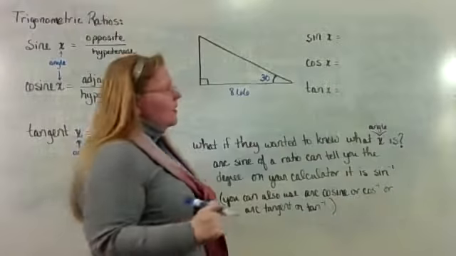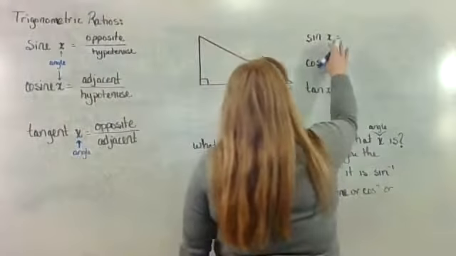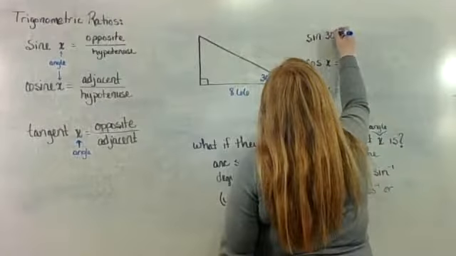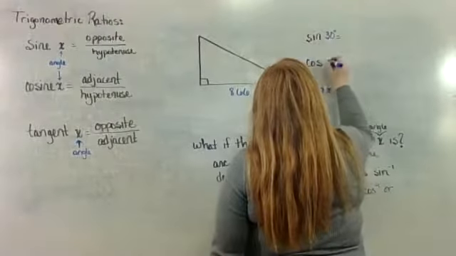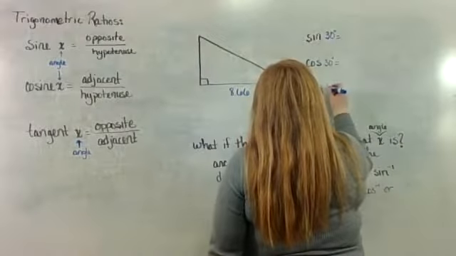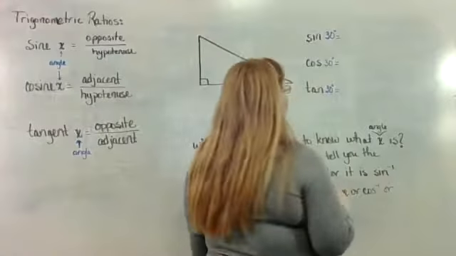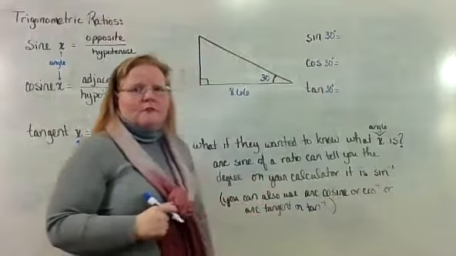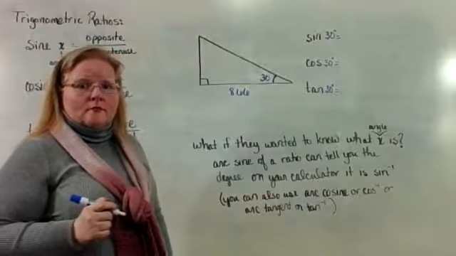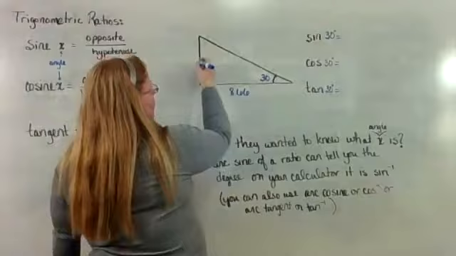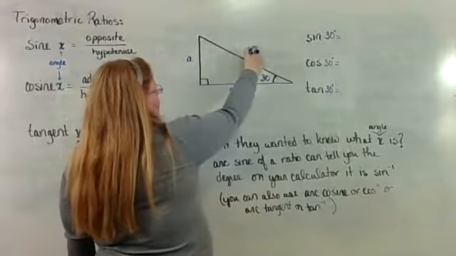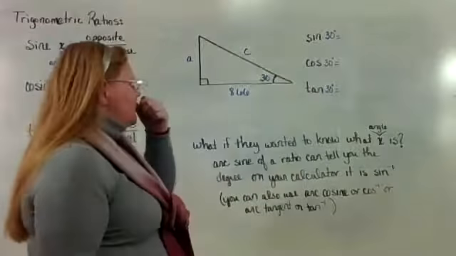But something we do know is we can punch into our calculator the sine of 30, cosine of 30, or tangent of 30, because that's where my angle goes, and we knew what the angle was. And they want us to find out what the other sides are.